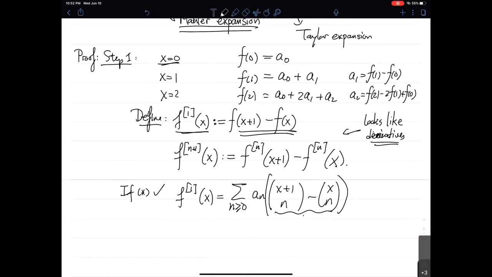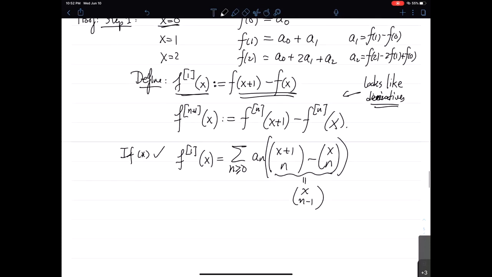But by the binomial identity, this is x choose n minus 1. And in fact, you can run induction and see that if you take the mth difference of this function f, that's just the sum over n greater than or equal to m of an times x choose n minus m.